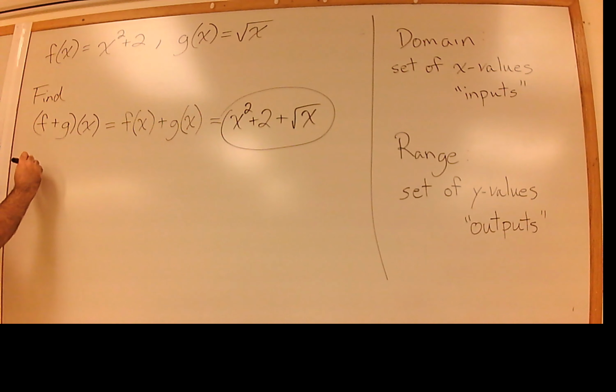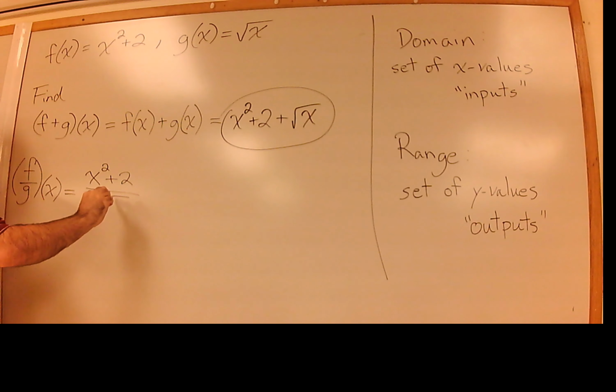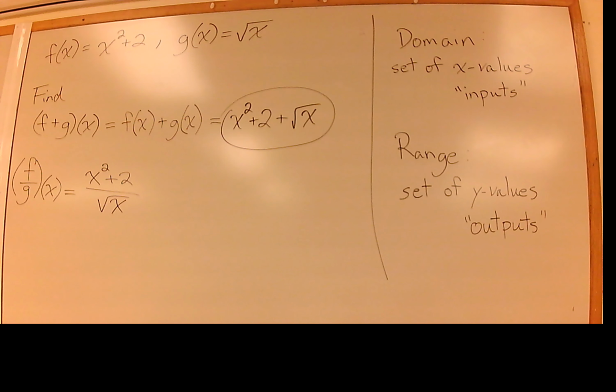What about f divided by g? Just x squared plus 2, g is square root of x. We're okay there, except when we divide, we can't let the bottom be 0, right?